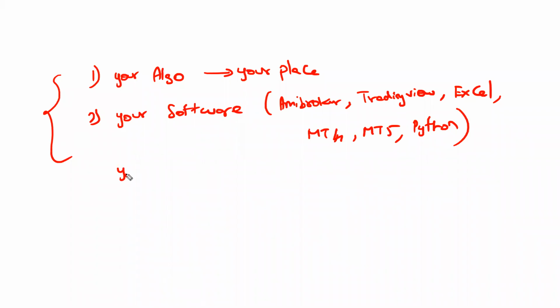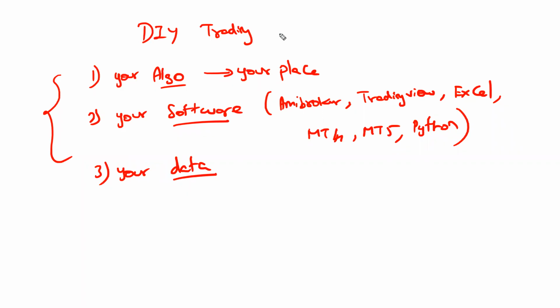Your data, your software, your algo, your own trading rules at your own place. This is what we call DIY trading. What does that mean? Do it on your own.